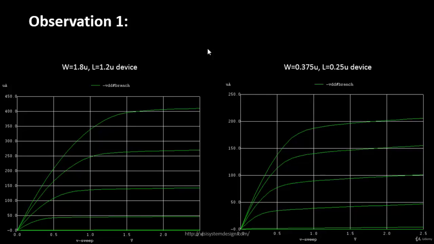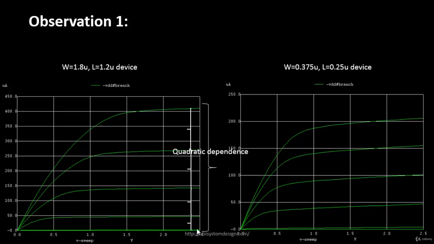The first observation is this one. What you see over here is the gate voltage versus the drain current, where the drain voltage at this point is 2.5 volts. The drain current at each gate voltage at VDS equal to 2.5 volts has a quadratic dependence. At a gate voltage of 0, your drain current is 0.